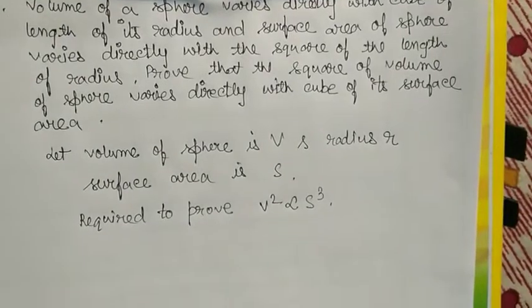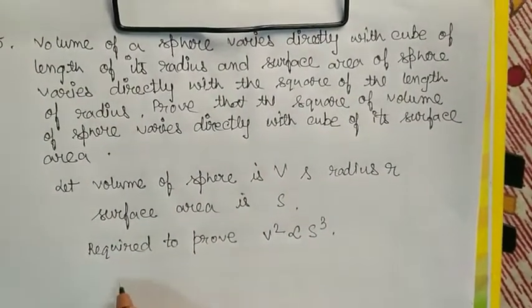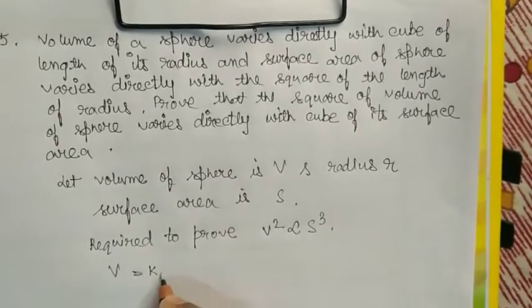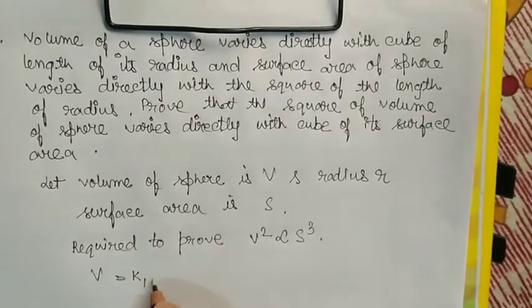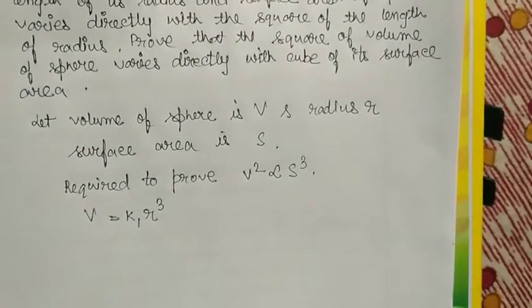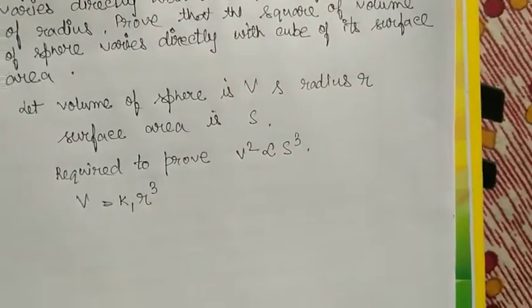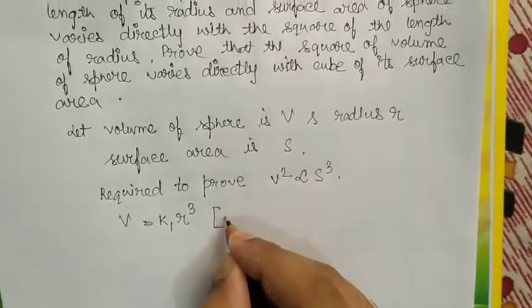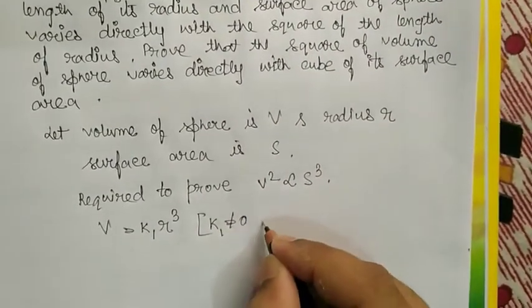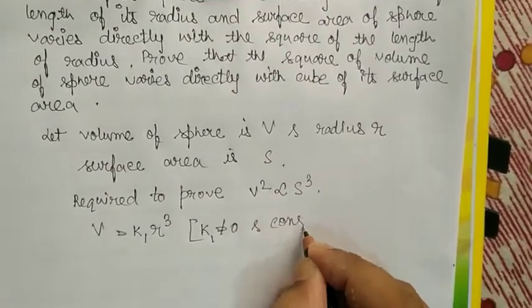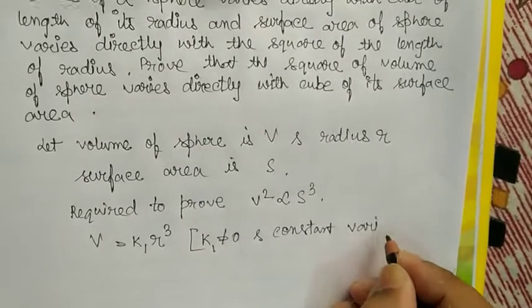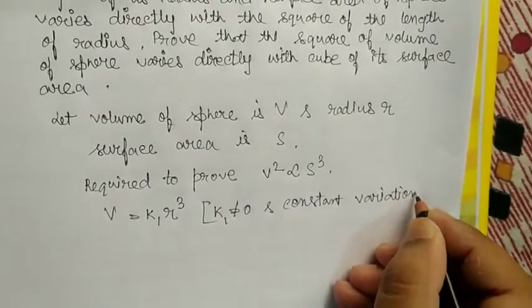Now volume equal to K1 r cube, where K1 is not equal to 0 and is the constant of variation.